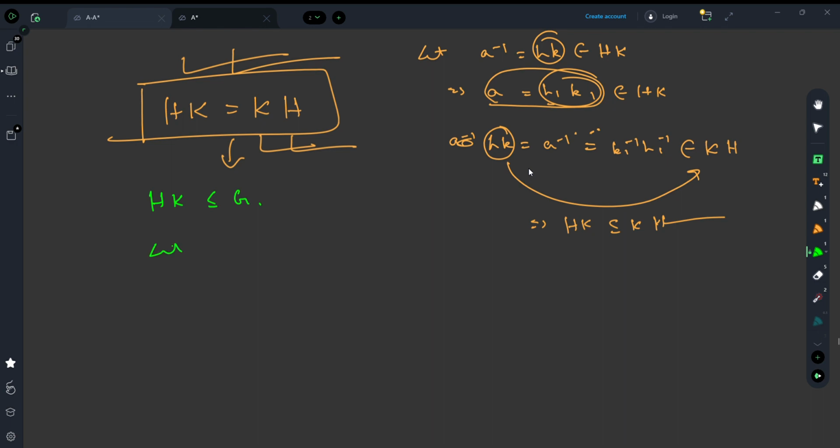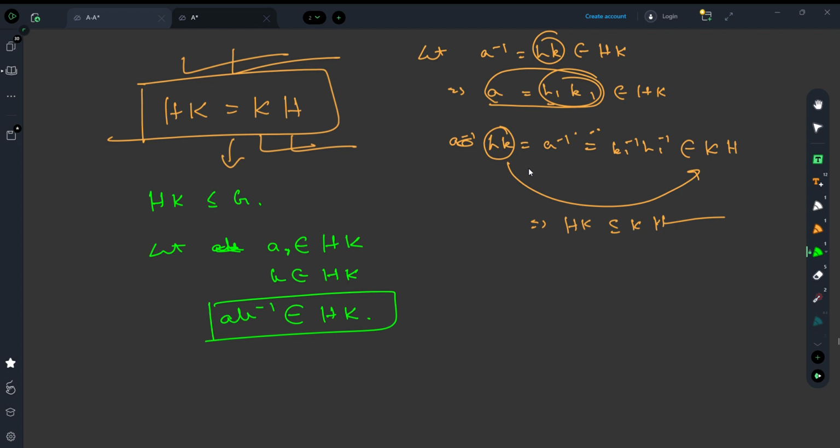Let A be in HK, B be in HK. For HK to be a subgroup, we need to show AB inverse is in HK, right? Because I already said that HK is clearly non-empty, because one is obviously in HK, because one is in H and one is in K. Trivial, right? Because H and K are subgroups.